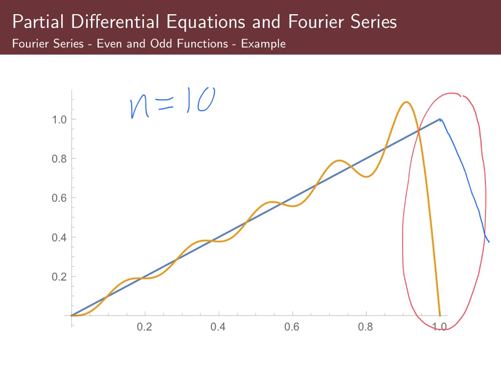So what's interesting here is that we have the same function. We do an even periodic extension, and we have a very easy task of approximating it with a cosine Fourier series. But if we try an odd periodic extension and we try the Fourier sine series, we have a difficult time approximating this function. Okay, thank you.